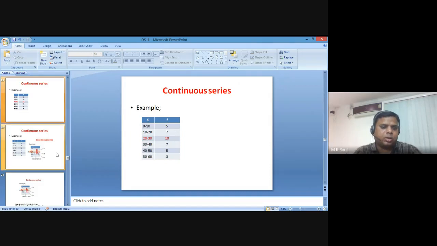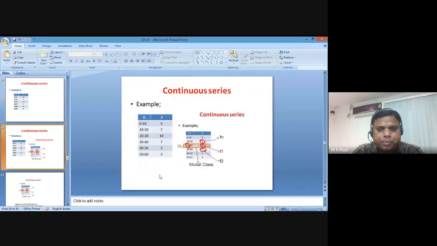Here, if you go to find the F0, F1 and F2. Moving to the next slide, from the highest number of appearance, I make a circle on 10 and directly refer to the same row which contains 20 to 30.